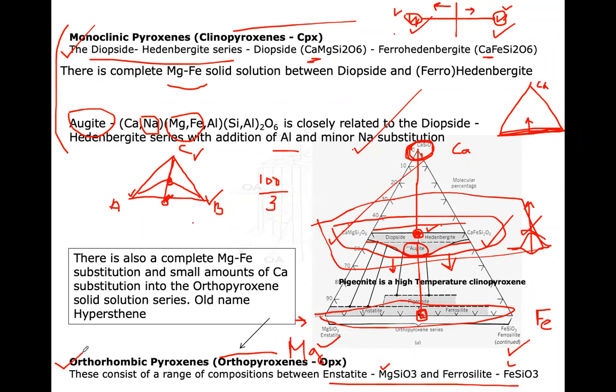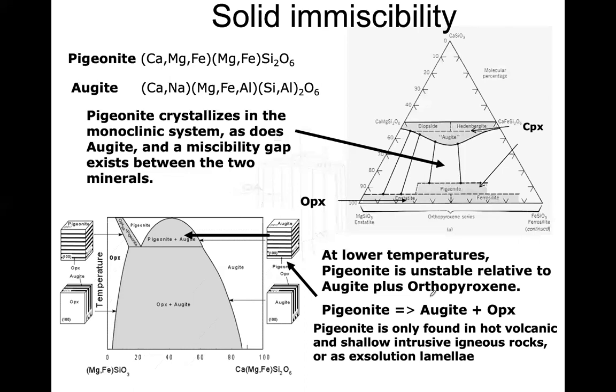So the magnesium end member and iron end member without calcium are there, enstatite and ferrosilite, and in the middle you can see a special composition which we call pigeonite. It's special because there is a little bit of bulging towards the calcium side.